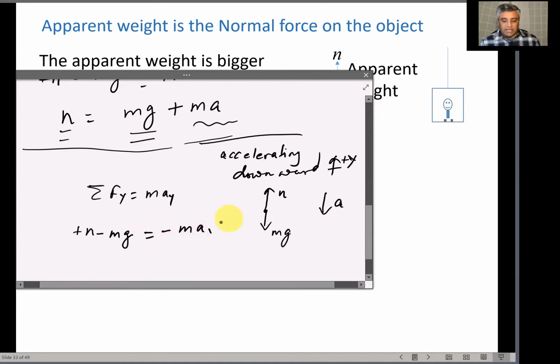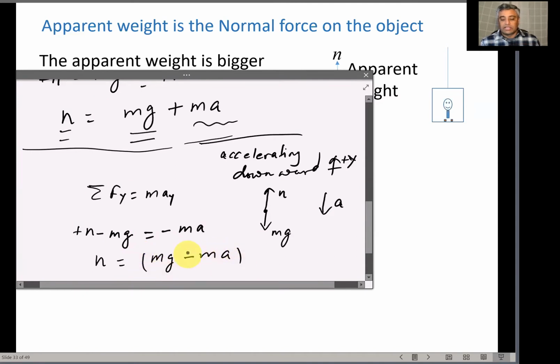AY is negative A, so that means I don't need that. So N is, now mg negative goes to the other side and becomes positive, and MA is negative.